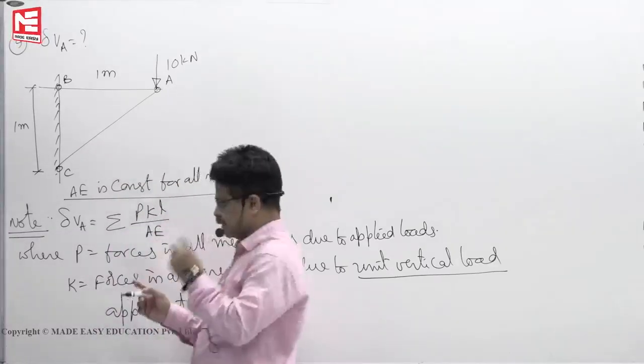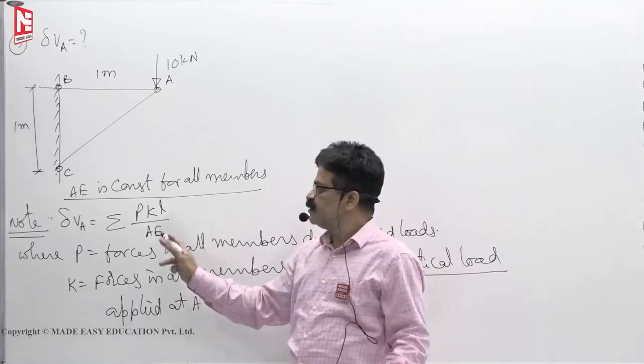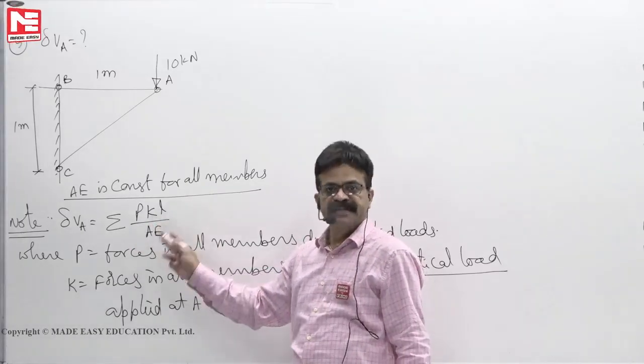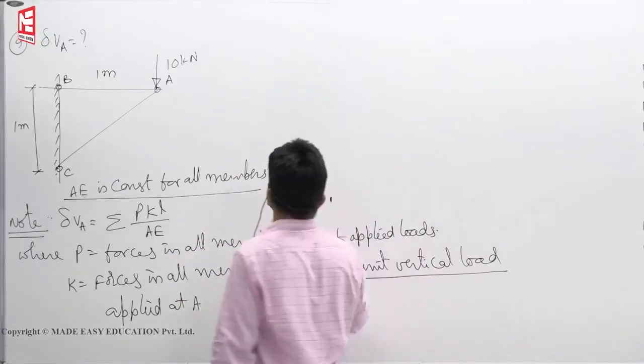This is the scope of the work. So finding the forces P values is the first step. Finding K values is the second step. Third step, multiply them. That's all. Okay.